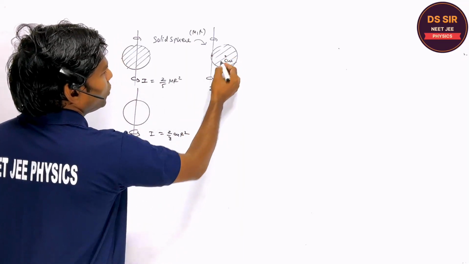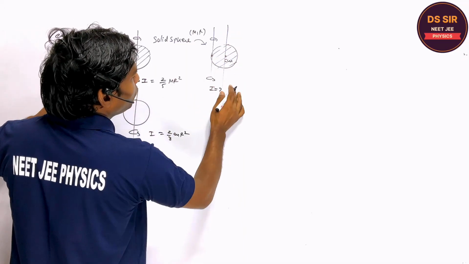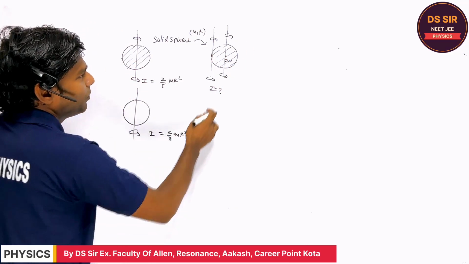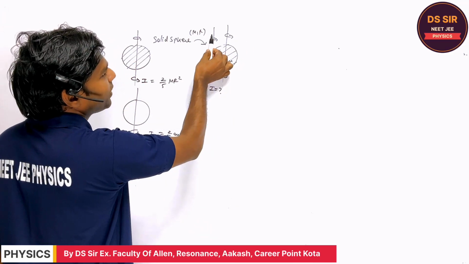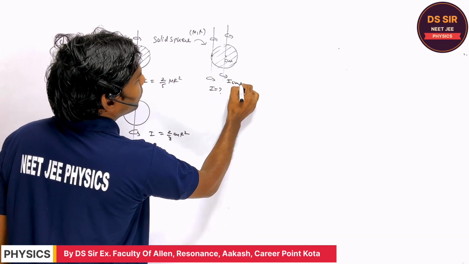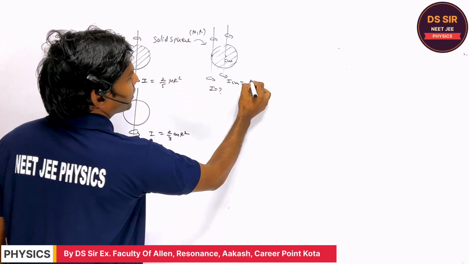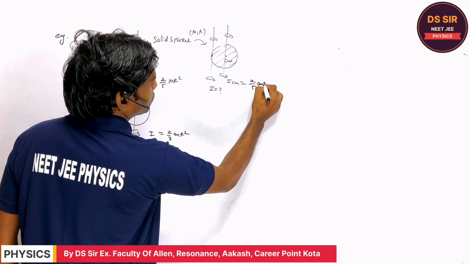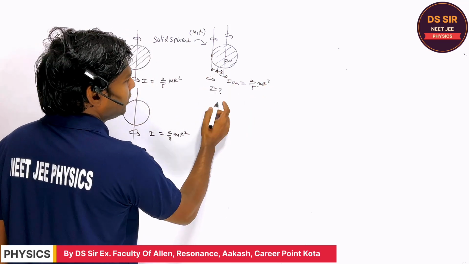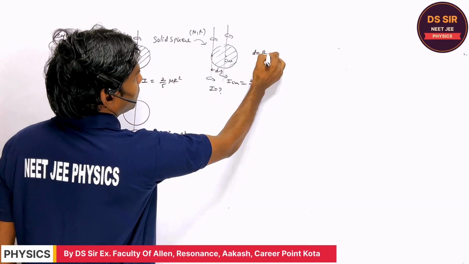To find this, you have to draw an axis passing through the center of mass which is parallel to this axis. So what is the I_CM here for the solid sphere? It is 2 by 5 MR square. And what is the D? Here D is equal to the radius.